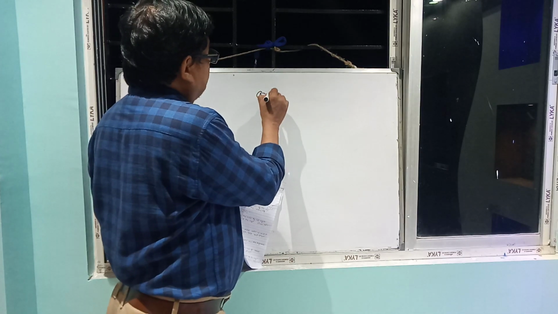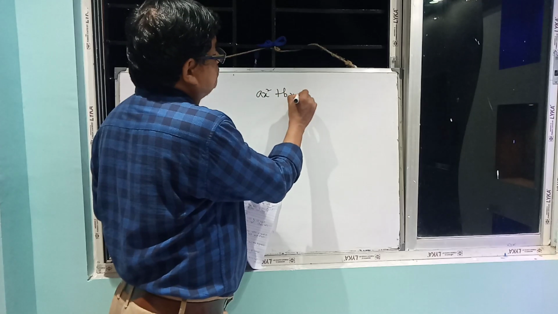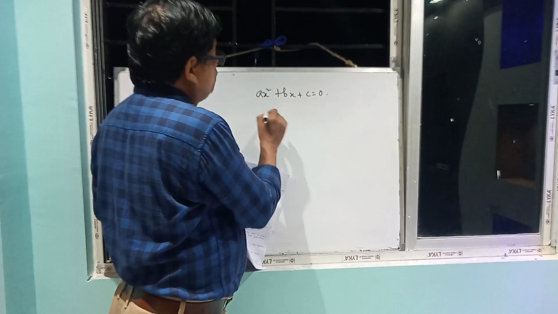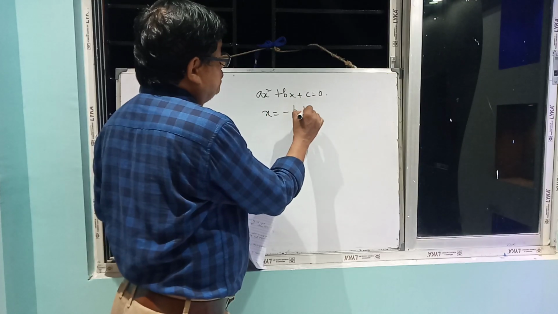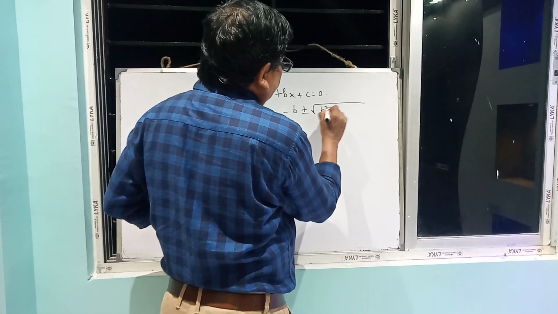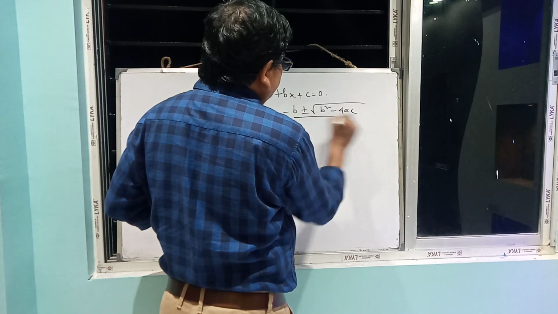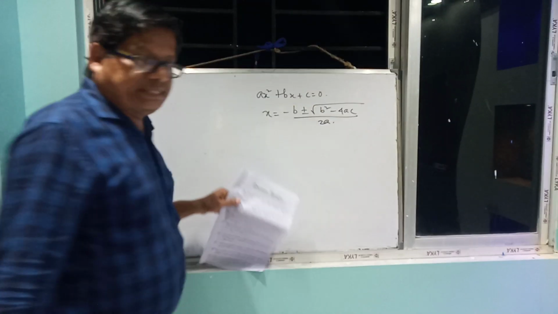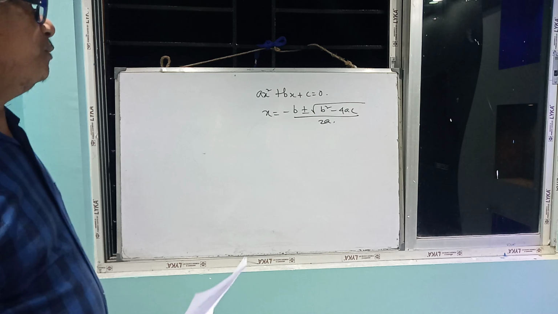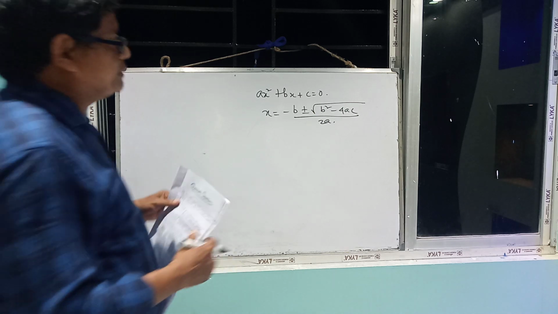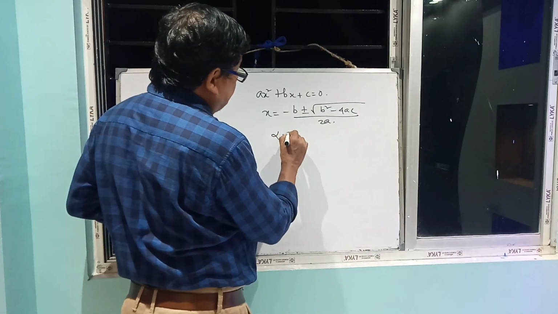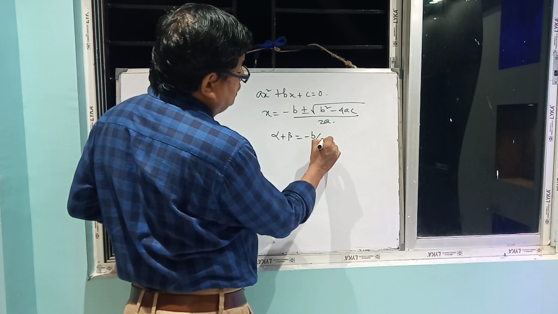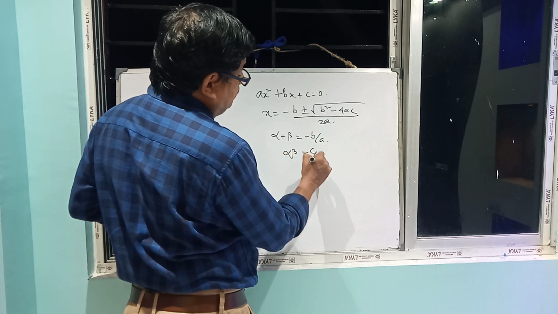So ax square plus bx plus c equal to 0. Okay, so x equal to minus b plus minus root under b square minus 4ac by 2a. Already discussed. And I have already discussed the sum of the roots, alpha plus beta equal to minus b by a, and alpha beta equal to c by a.